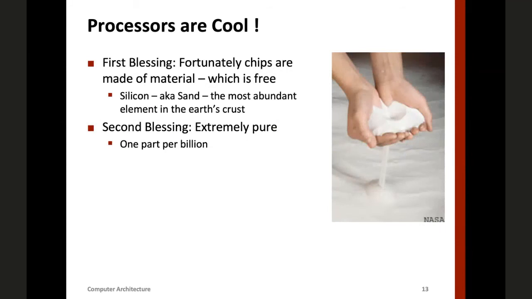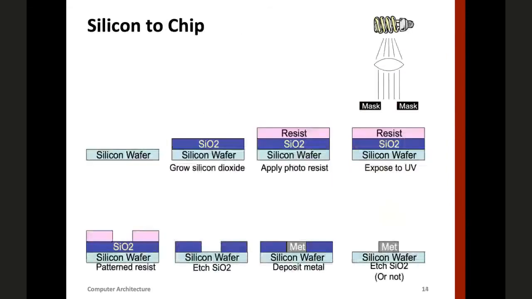And we call it sand, or ret in Hindi, right? And the second blessing that we have is that it's extremely pure. Normal sand that you get near the sea or river is absolutely pure, right? Impurity is very little. So from this we create the magic of making transistors, chips, and so on.